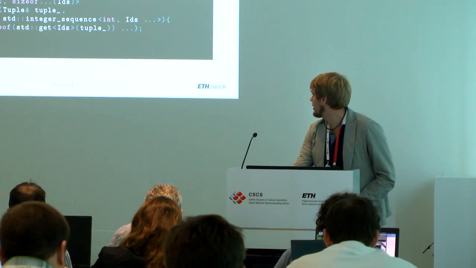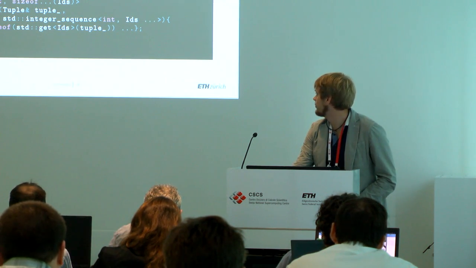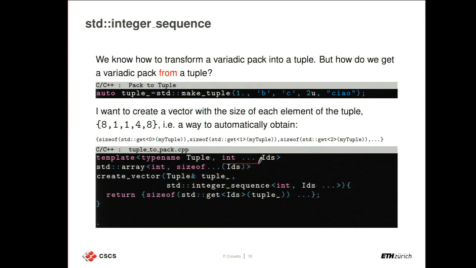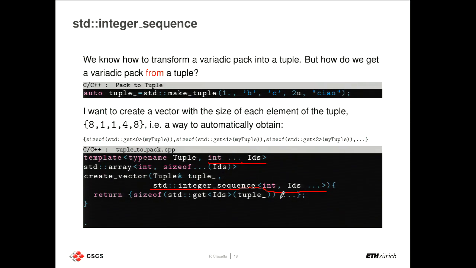The way you can do that is to create a helper function which is templated with a sequence, and you pass as an argument std integer sequence with the pack. Then here is the usual pack expansion. You want to expand to this, so you call size of get id tuple, and you expand outside the size of.